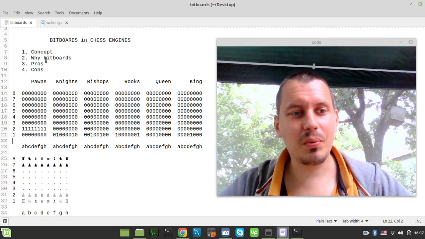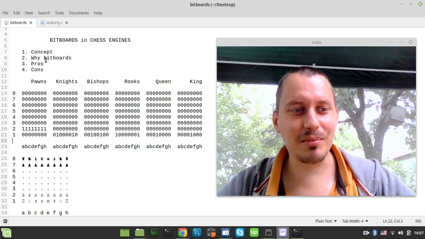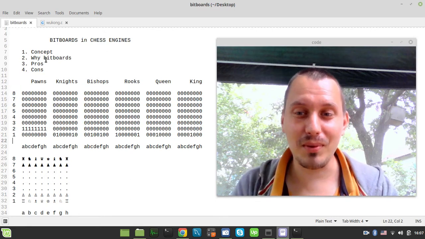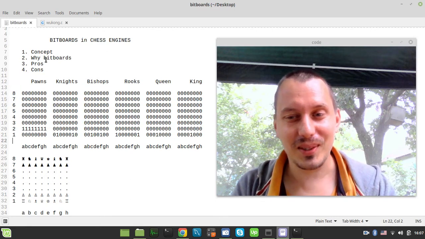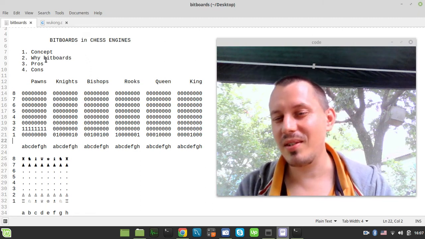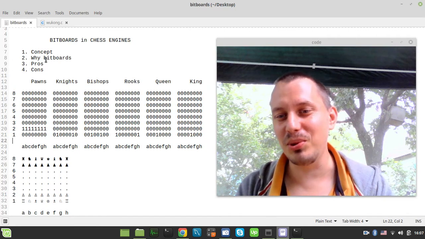When I wrote my first bitboard chess engine, it was actually 5 times slower compared to the array-based one that I was writing before that, and I was really confused. Like, oh my god, they told me that bitboards are faster than the array-based move generators. Then why the hell is my move generator so slow?